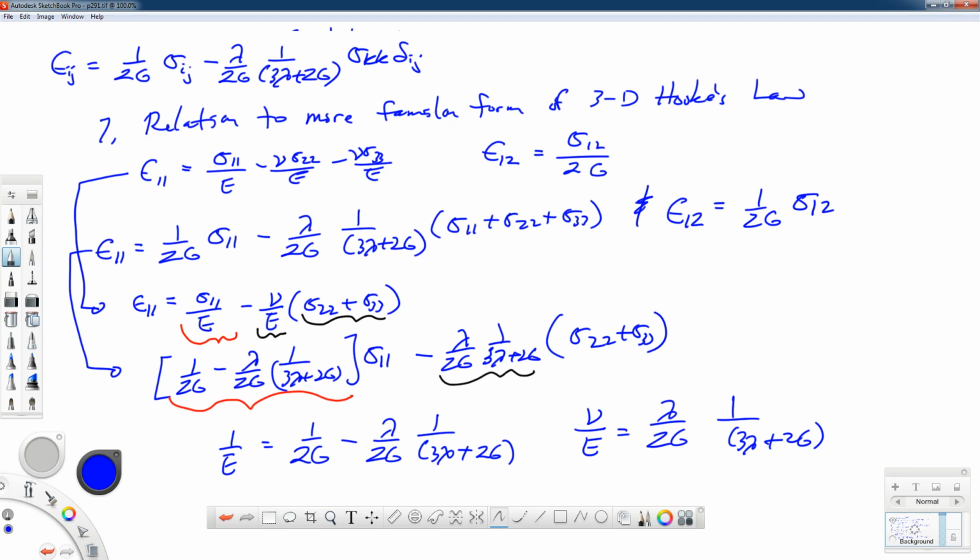With that, we're going to do two things. We're going to solve for nu and E in terms of the Lamé coefficients, and then we're going to invert them and solve for the Lamé coefficients in terms of E and nu.